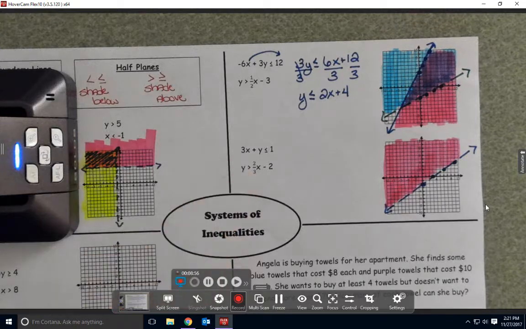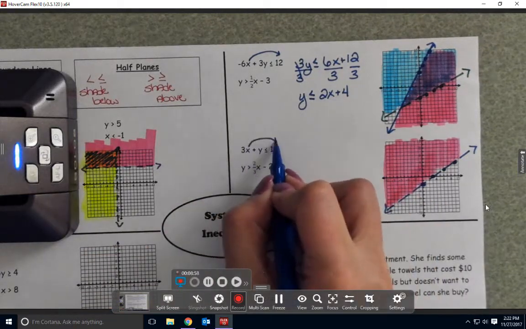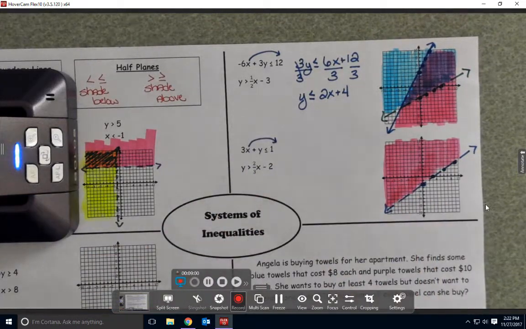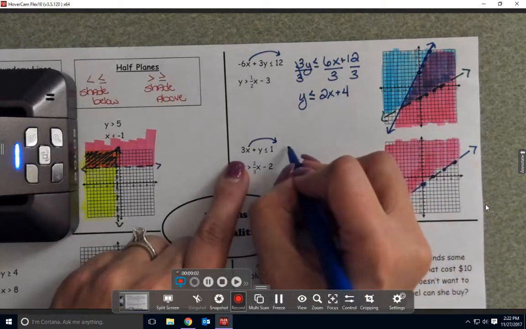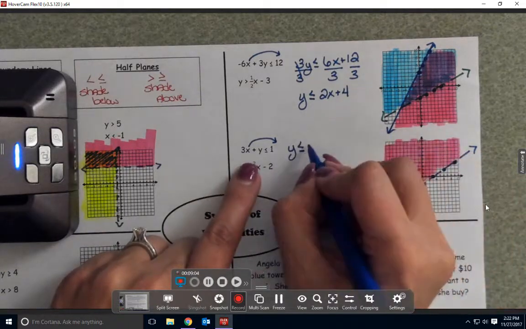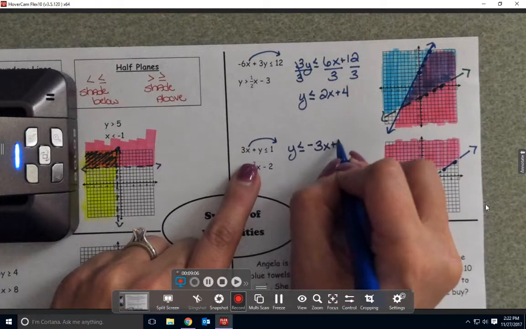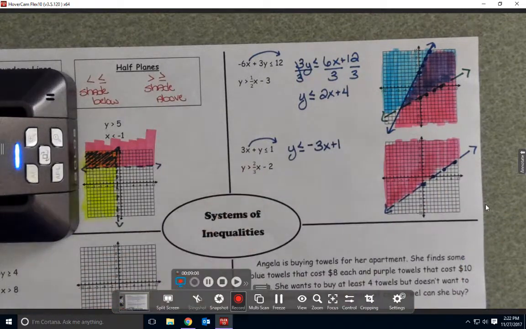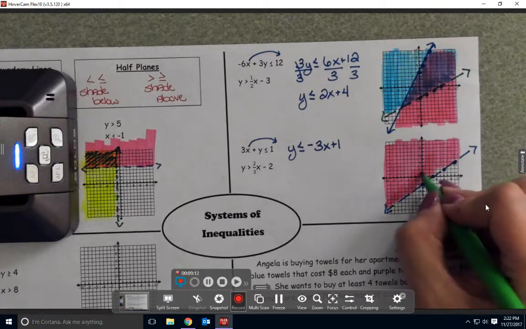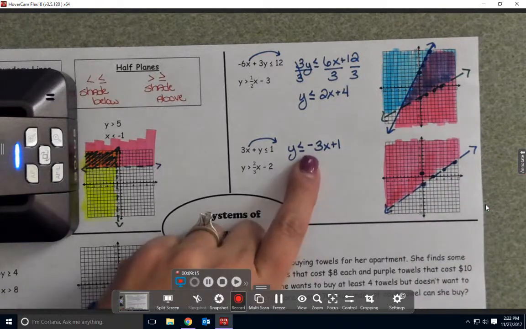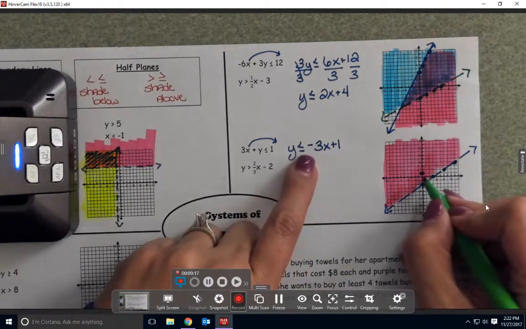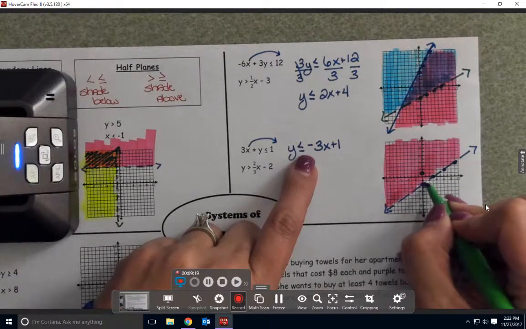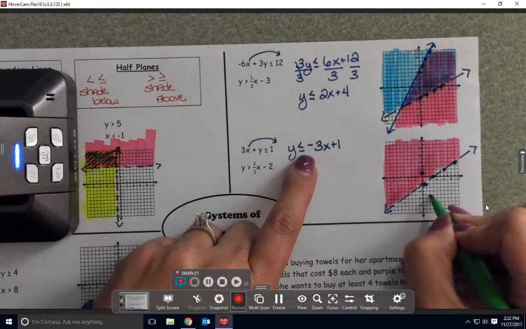Again, first equation, I did have to manipulate a little bit, so I got to get that 3x over to the other side. It's a positive, so when I move it to the other side, it's going to be a negative. So graphing this one, I'm starting at 1. And then because I have a negative slope, remember I'm going to go down 3 and over 1, down 3 over 1.